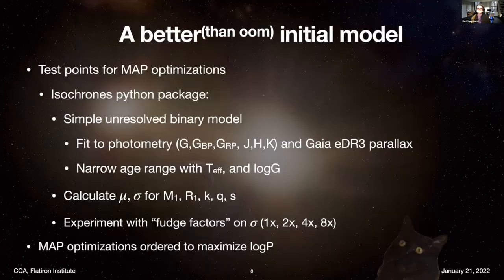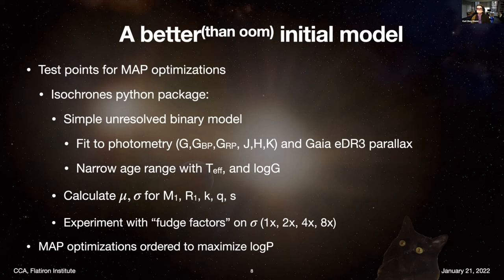And so before we actually start the model, we also want to initiate it with a better test point than simply doing order of magnitude calculations. For that matter, we use the isochrones Python package, which fits photometry using isochrones developed by the MESA stellar code group. We have individual observations for each system, and we apply an unresolved binary model fitting to the Gaia photometry as well as the J, H, and K photometry.